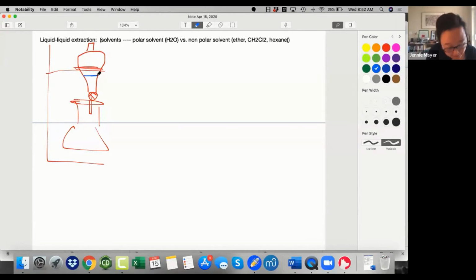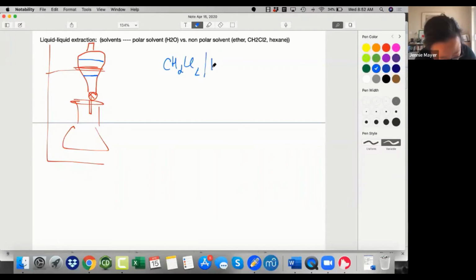Here's one layer, and what we call it depends on the solvent. How do I know what's on the top and what's on the bottom? It depends on what the two solvents are. Do you remember which is the top layer if we have a mixture of methylene chloride and water?